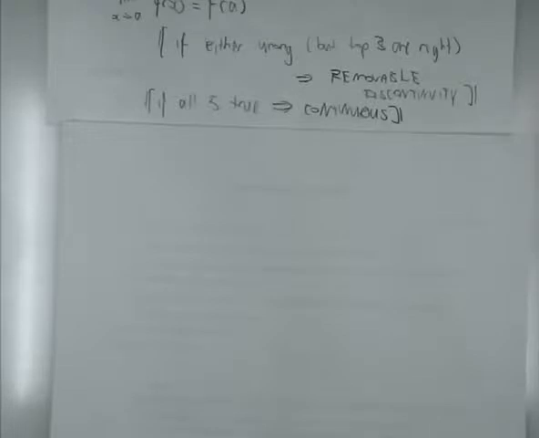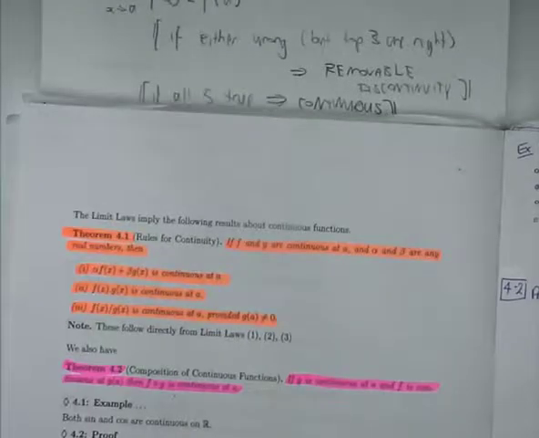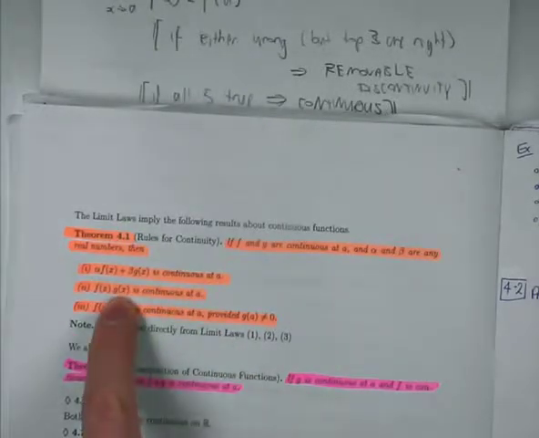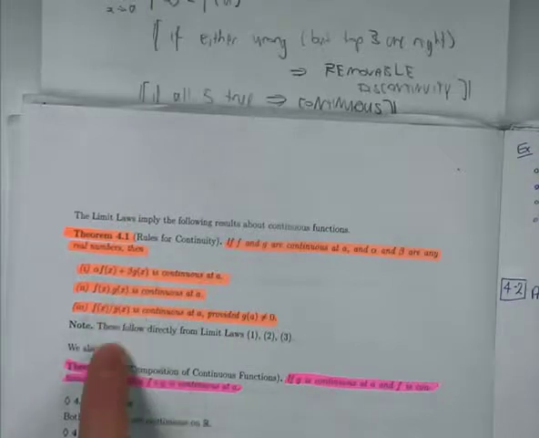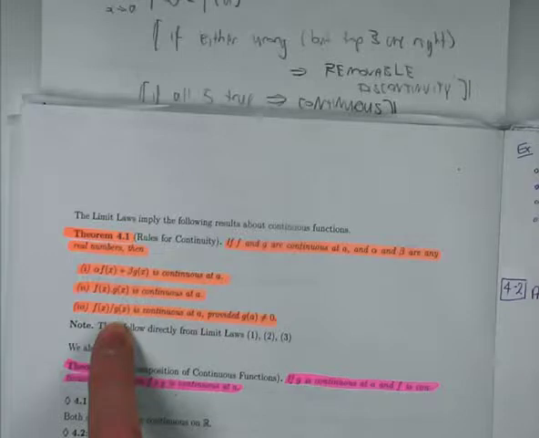So if two things are continuous and you add them together, then the new thing will be continuous. If they were continuous and you multiply them, it'll still be continuous, but if you divide them, it'll be continuous unless the bottom is 0, in which case it will be discontinuous.